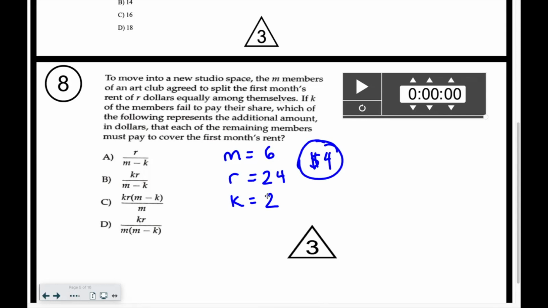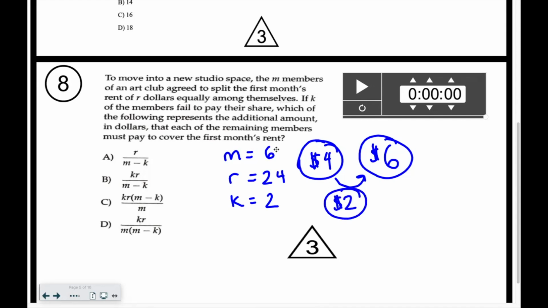Now, if 2 fewer people decide to pay, of the 6 members, only 4 of them are paying. So now 24 divided by 4 is 6. So then they would each pay $6. And it says then how much additional would they have to pay? Well, the additional that they would have to pay in my example is $2.